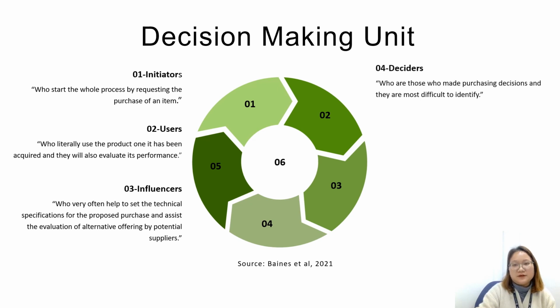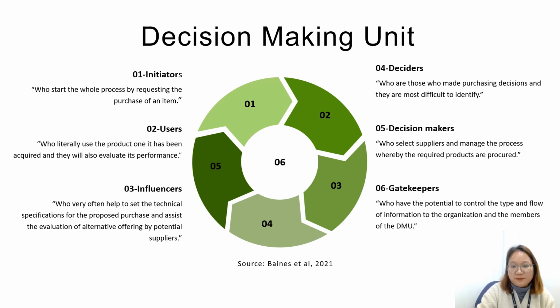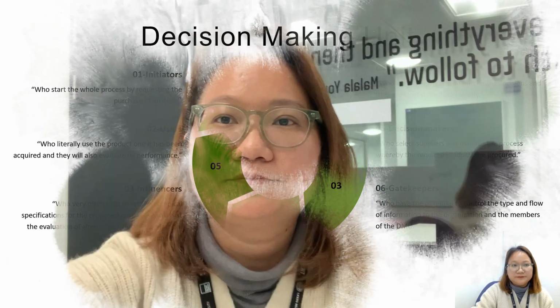The fourth is the decider, who makes the purchasing decision and is more difficult to identify. The fifth is the decision maker, who selects the supplier and manages the process whereby the required products are produced. And the last is the gatekeeper, who has the potential to control the timing and flow of information to the organization and the members of the decision-making unit.